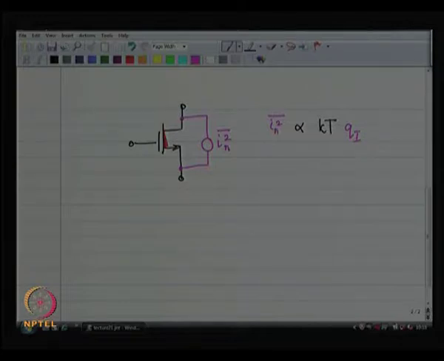So, it is going to be proportional to the number of charges, number of electrons present in the channel, right. So, you can model this particular noise over all regions of operation with a formula that looks like this, kT times Qi, and then there are some other factors involved, right. This can be done.